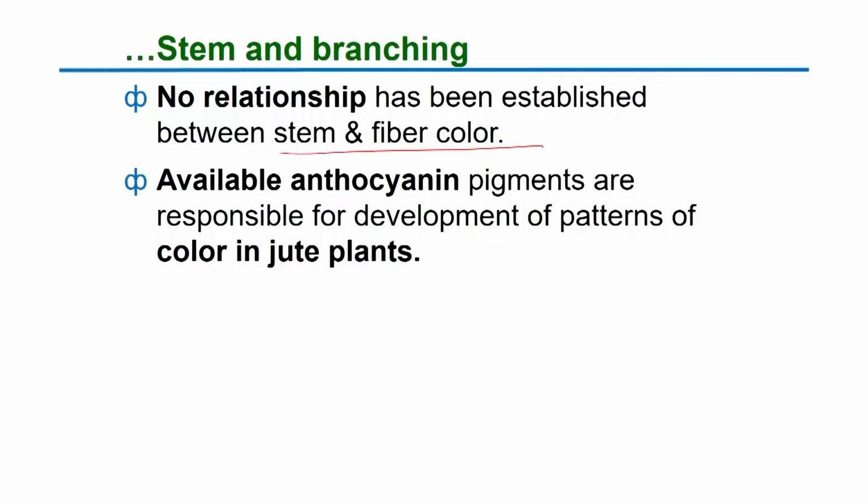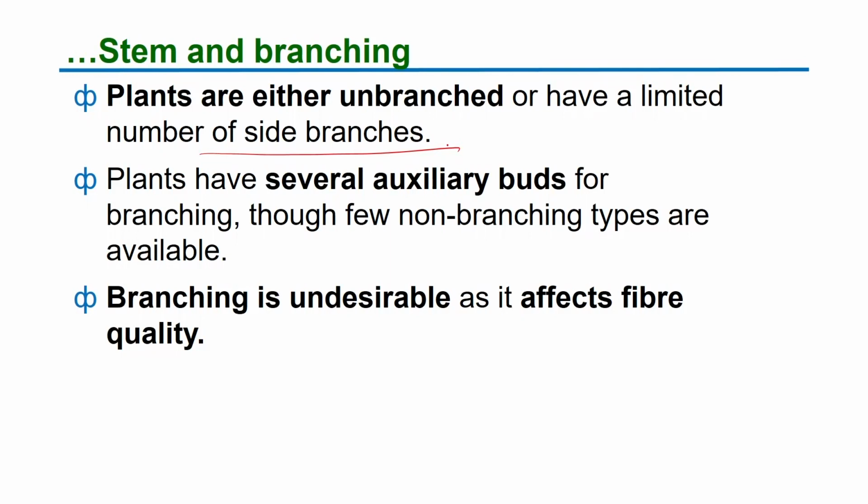Anthocyanin pigments are coloring materials responsible for development of patterns of color in jute plants. Plants are either unbranched or have a limited number of side branches. Mostly they are unbranched. Plants have several auxiliary buds for branching, though a few non-branching types are available.